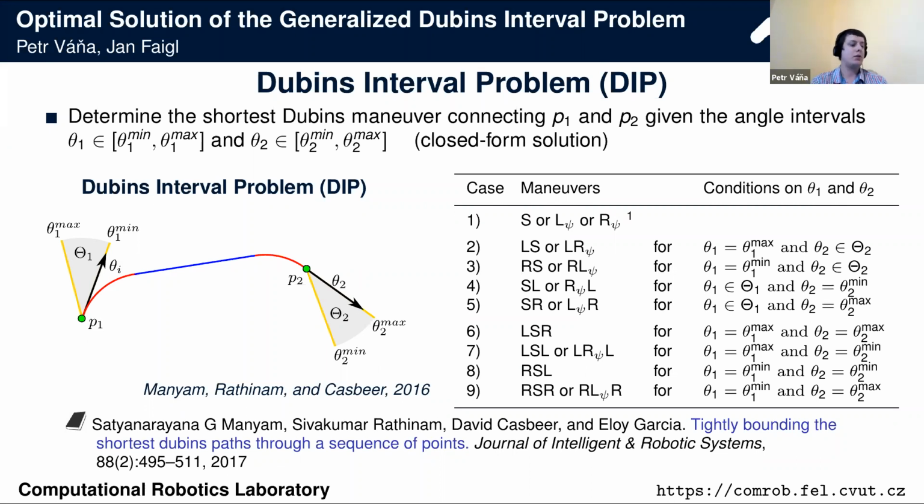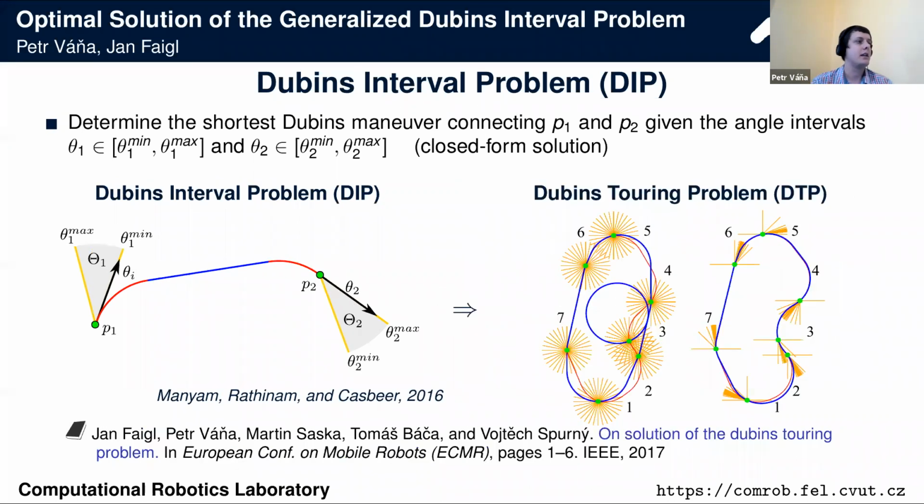But why am I talking about this? The idea is that we have a set of locations, and we want to go through these locations using a vehicle with a limited turning radius. So having the Dubins interval problem, we can do one interesting thing.